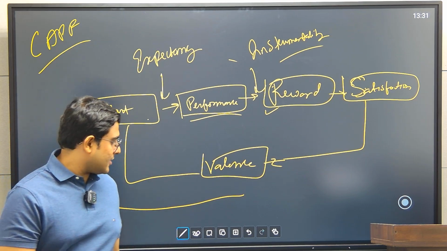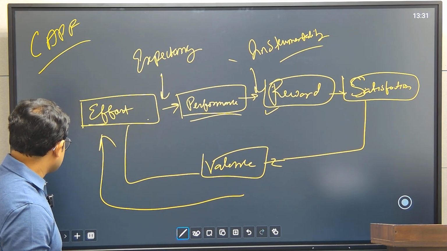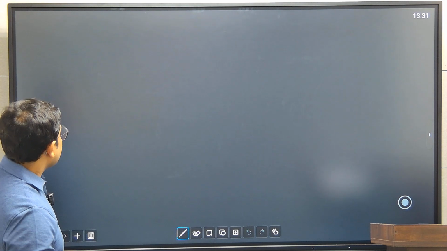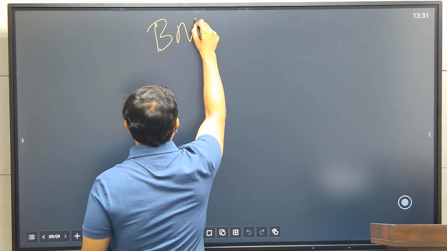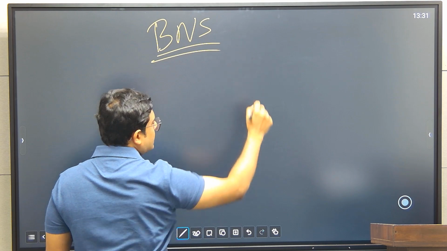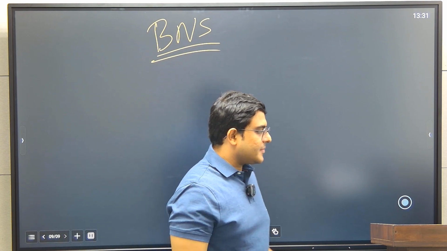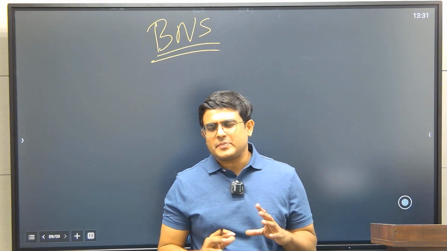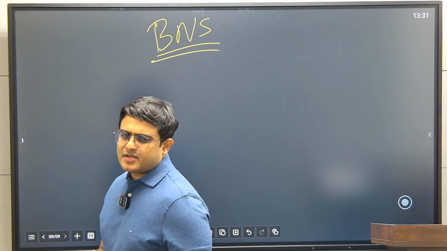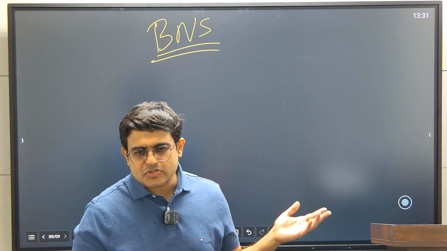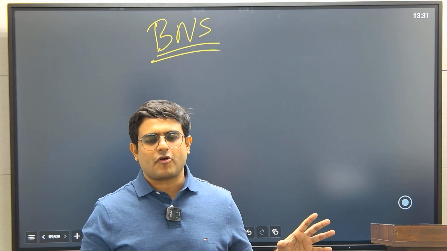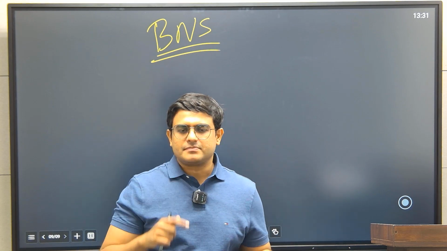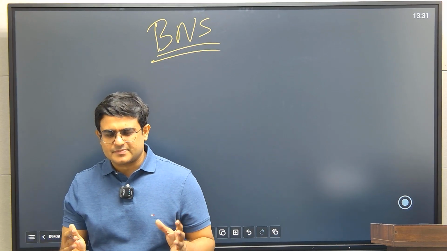Now let's move to the second issue of discussion. That is the Bharatiya Nyaya Sanhita. So why are we discussing BNS? Apart from it already being asked in the ethics paper, it's just a matter of time before it comes in GS2 or public administration, because this is a very massive reform in the criminal justice system and getting rid of the British legacy.